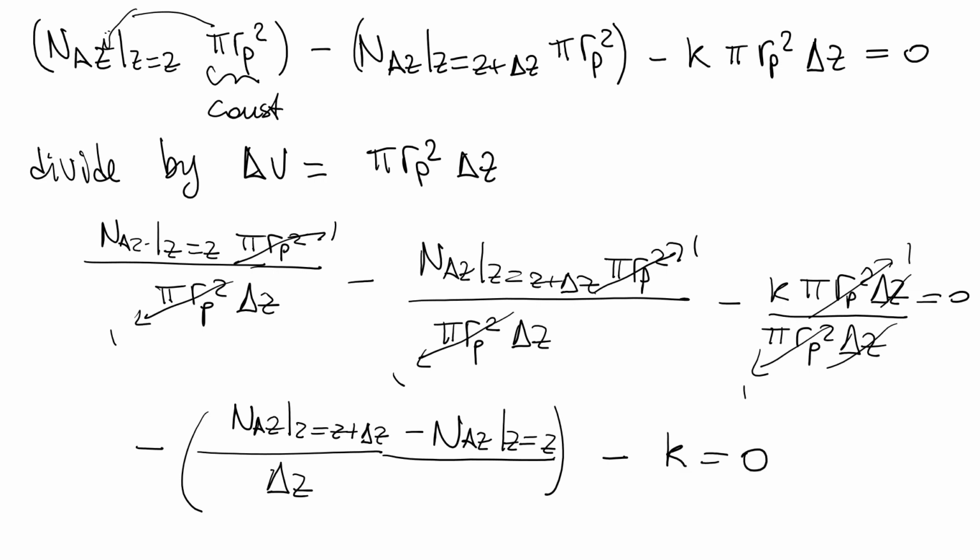Okay, so now the next step would be we want to take the limit for delta Z going to 0 of this expression. And the reason why we want to do that is that we're going to go from a kind of differential form to a derivative. So I just want to remind everybody the definition of the derivative.